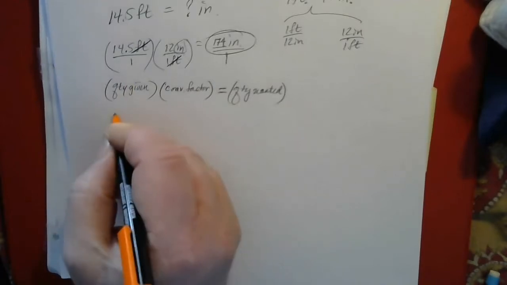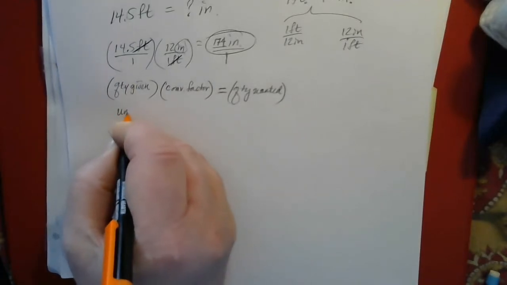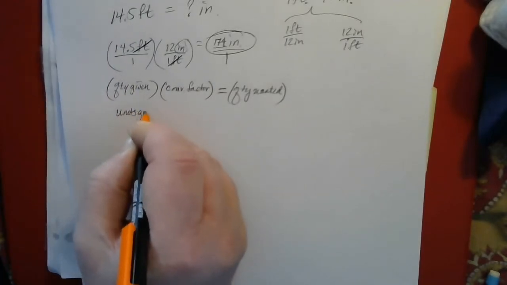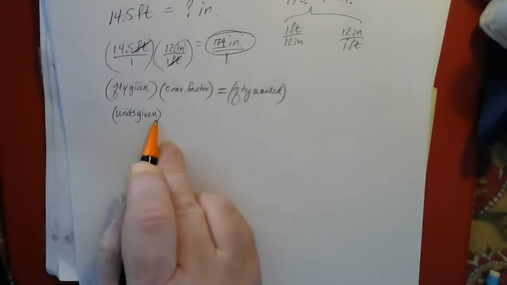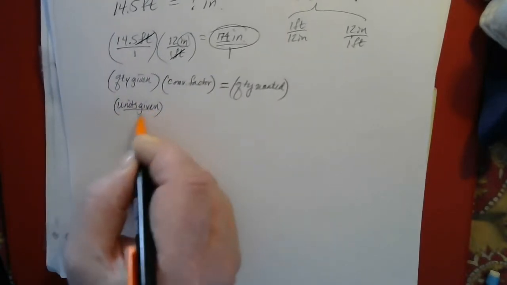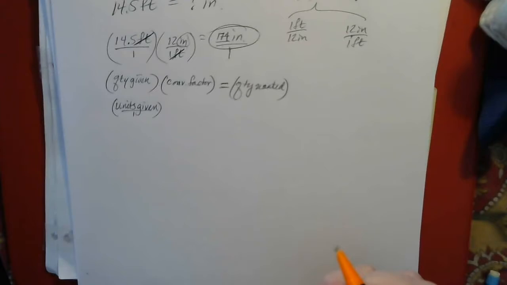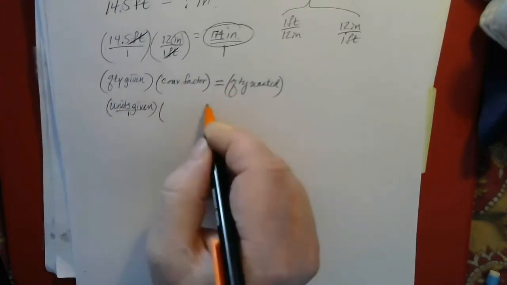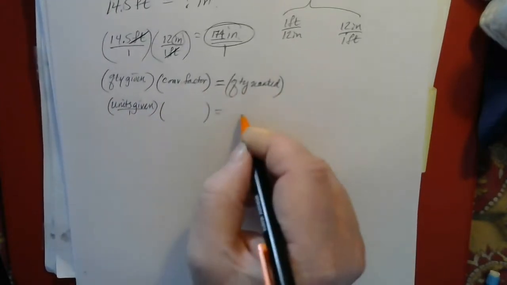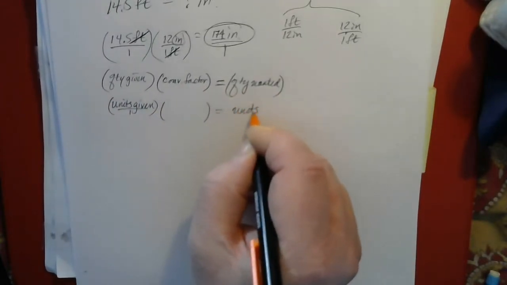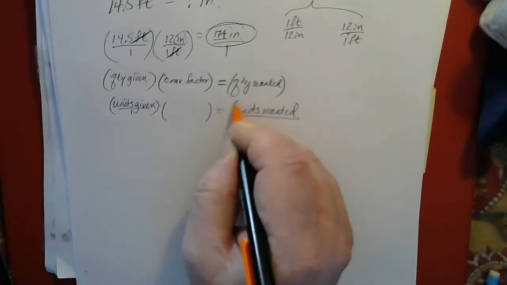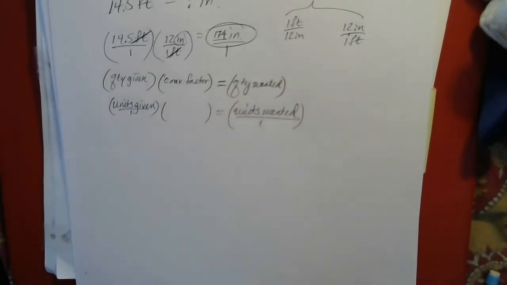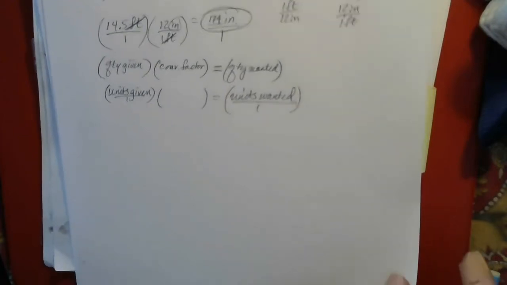In terms of units, you can look at it as being units given, and essentially that's units given over 1, times your conversion factor, which will give you units wanted, which again, you can think of as being over 1 if it makes it a little easier.